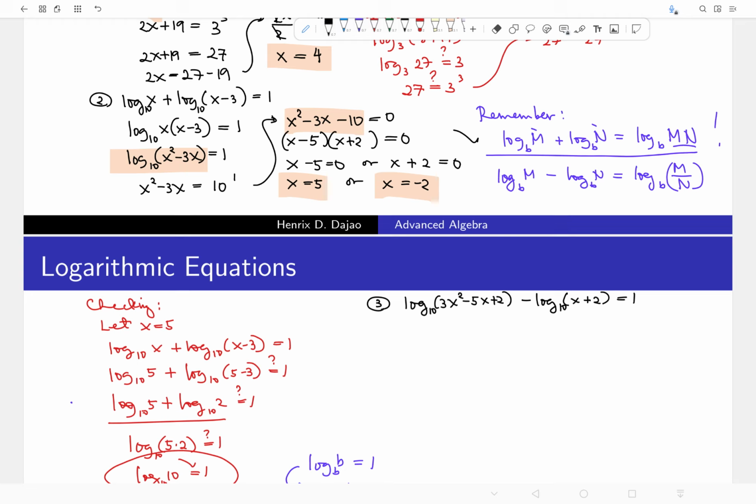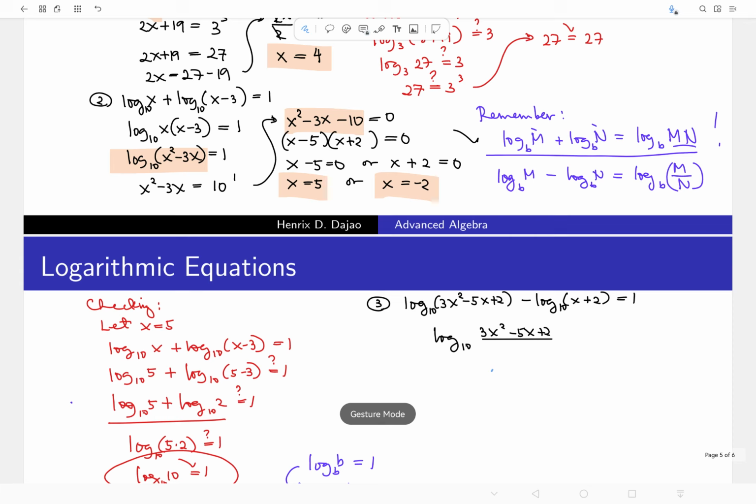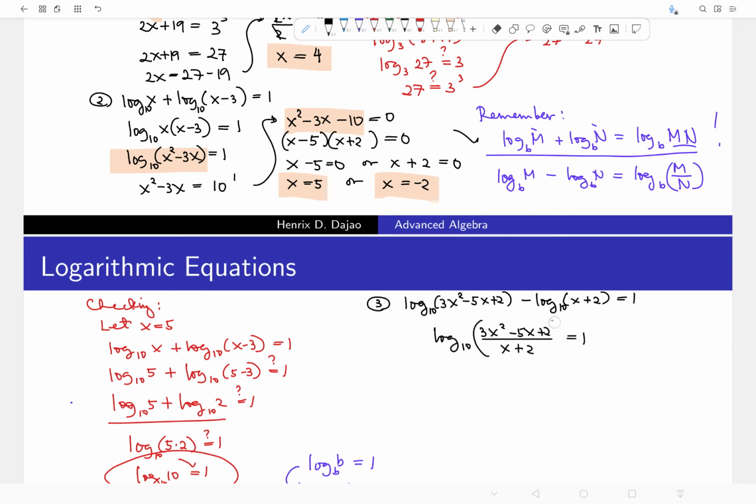So the left side now becomes logarithm 10 of 3x squared minus 5x plus 2 over x plus 2, which is equal to 1. So we've already expressed it as a single logarithm, so we will apply the equivalent.